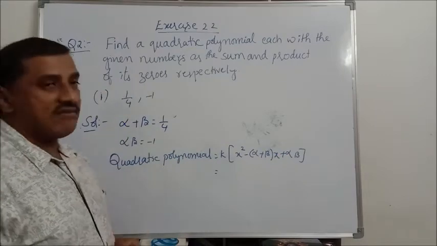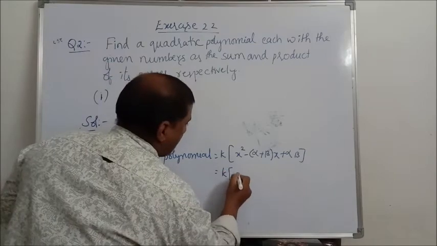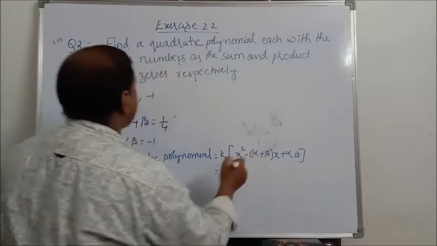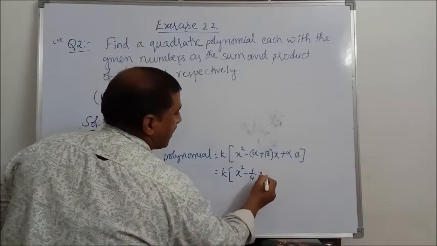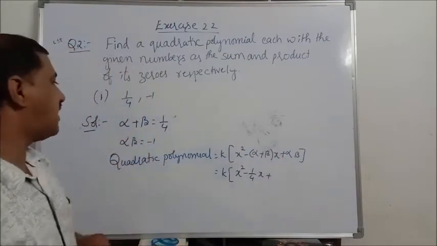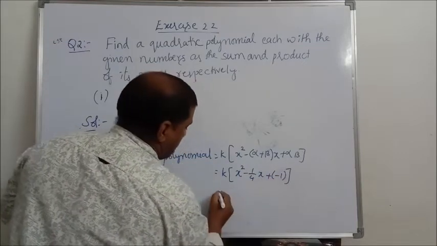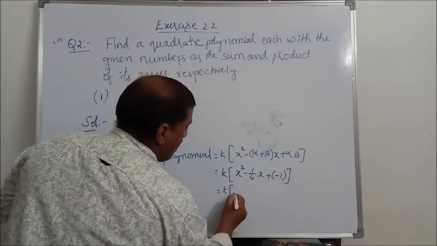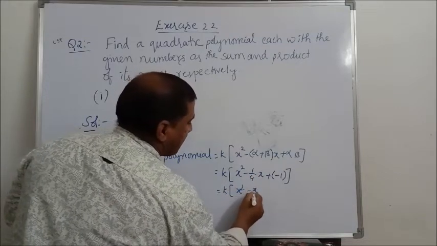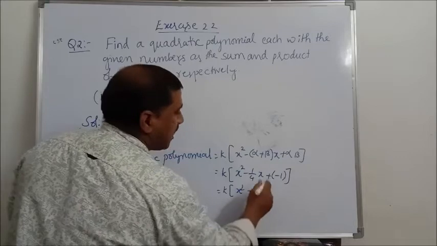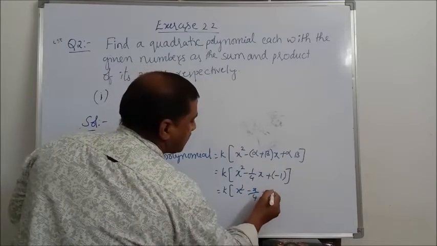We get k into x square minus 1 by 4 into x, that is minus x divided by 4, plus alpha into beta which is minus 1.